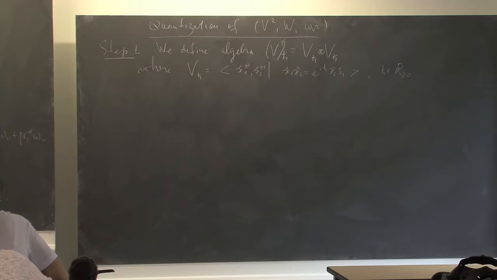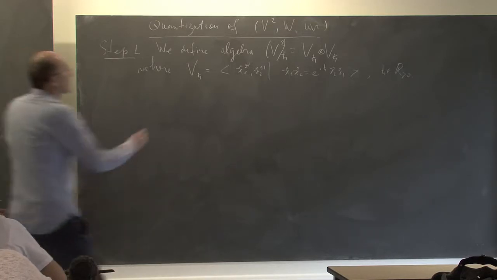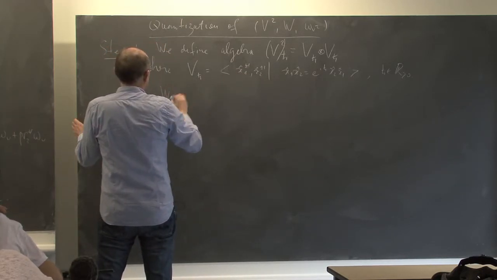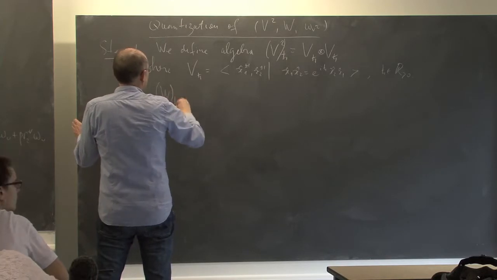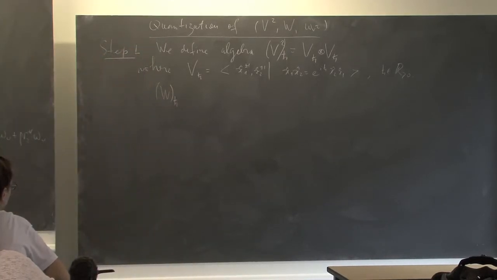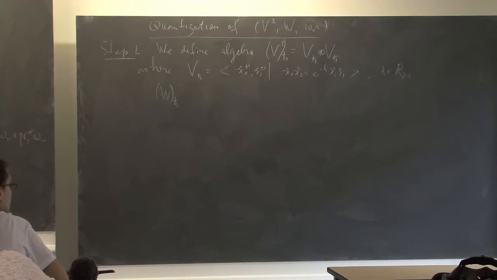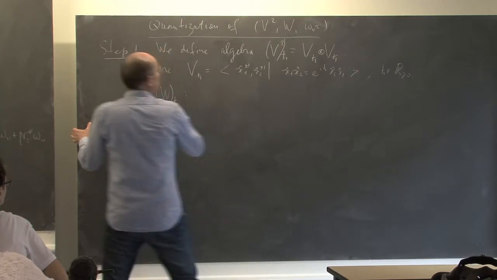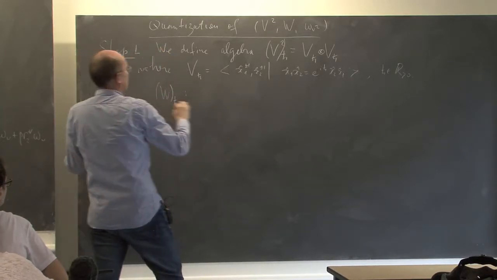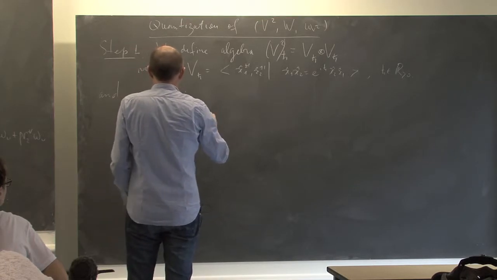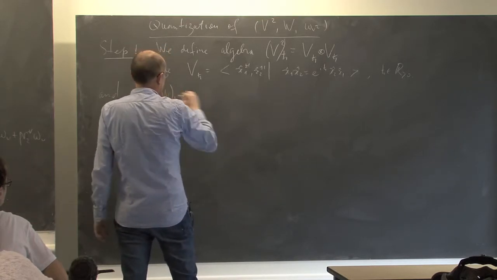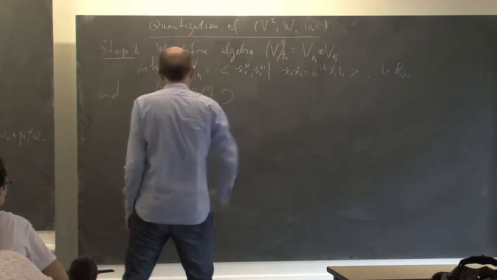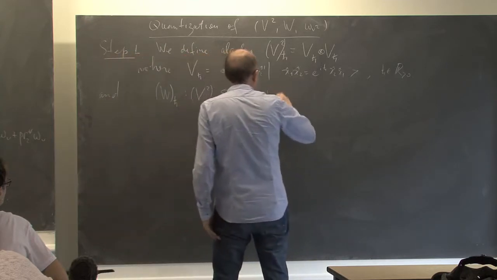Okay, that's what concerns the algebra. And then we have to define W in parentheses sub H bar, which is an automorphism of that algebra. So we define an algebra automorphism which maps V squared sub H bar to itself. And we define it the following way.